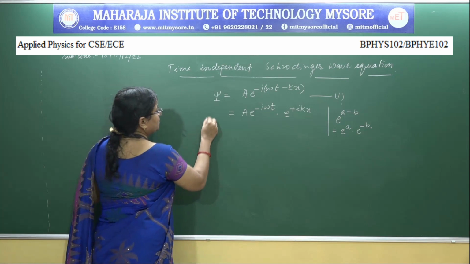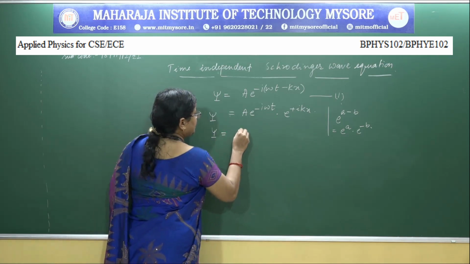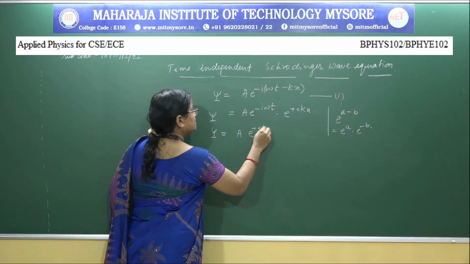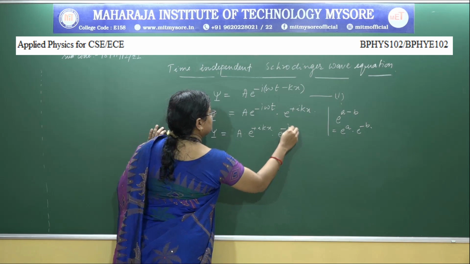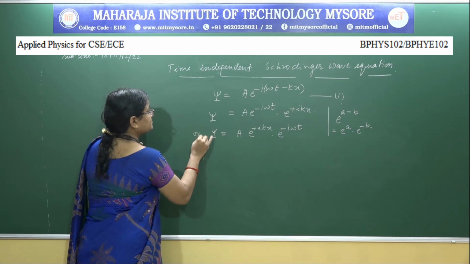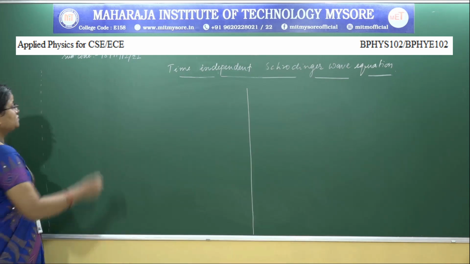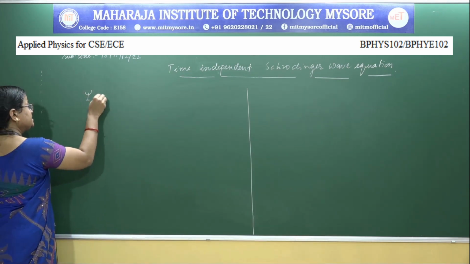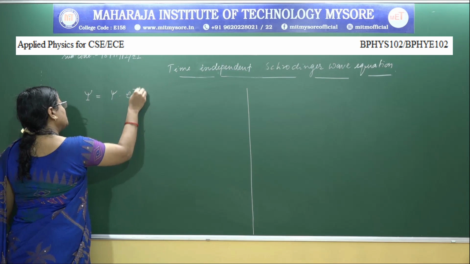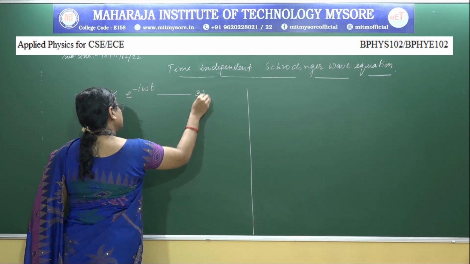Now we rearrange the equation and further write it as: capital psi is equal to small psi exponential of minus i omega t, equation number 3.